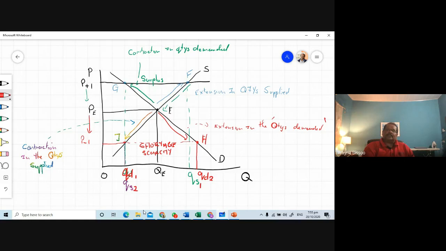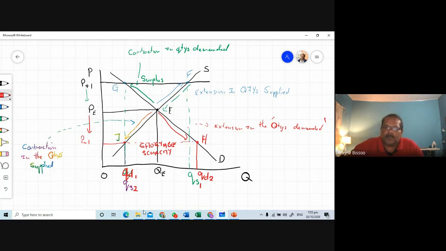So how do you get your share? You get your share by offering a higher price to suppliers to be able to make sure you get yours. So in this case here, the consumers begin to bid prices up to make sure they get a share of the scarce resources that are available. People are willing to pay more for the thing that they want because there's not enough in the market.